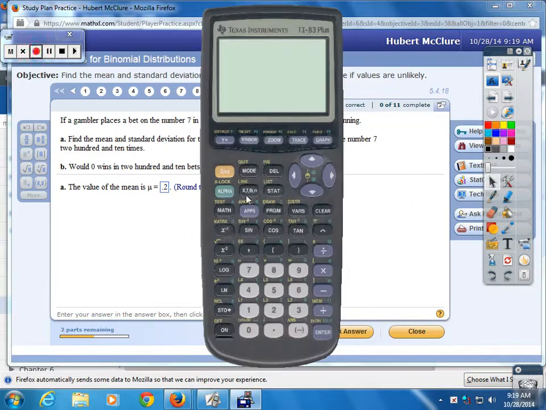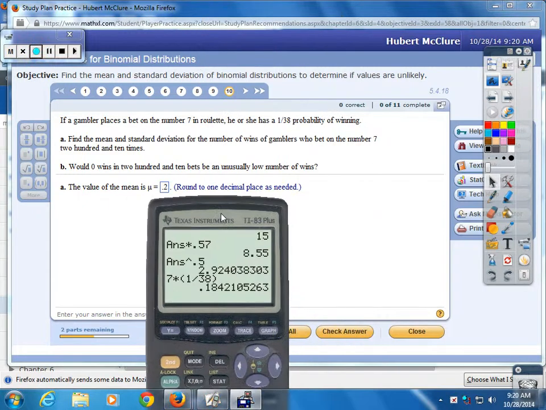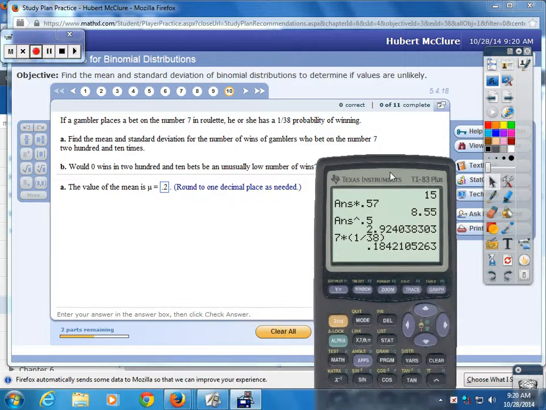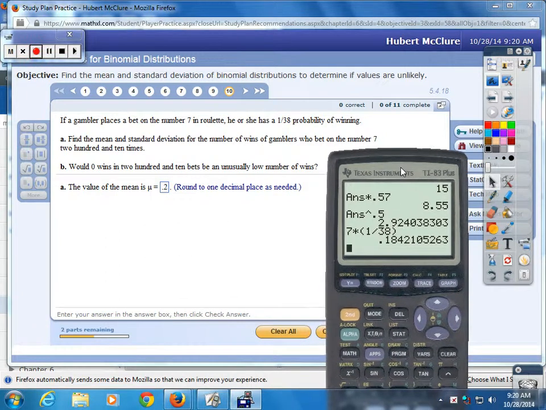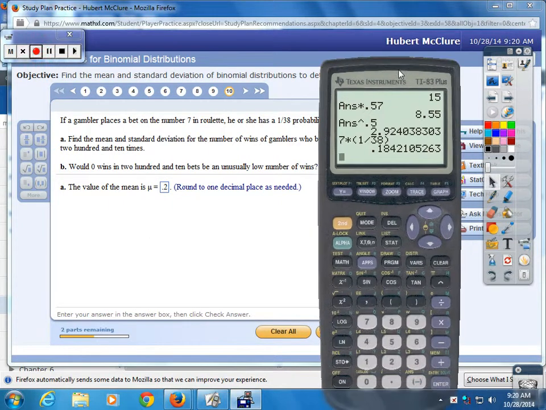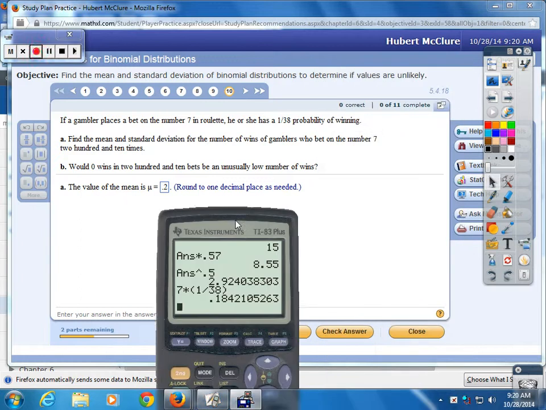Just forget it. 7 times 1 divided by 38. 0.18. Well, it says round to 1 decimal place. Yeah, why are you putting 7? I thought... oh, I'm sorry. My bad. I let the whole team down. It's 38.